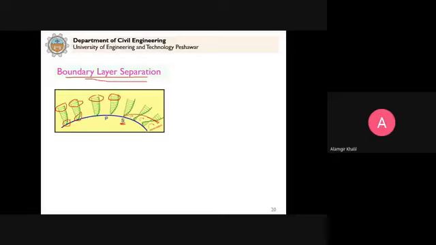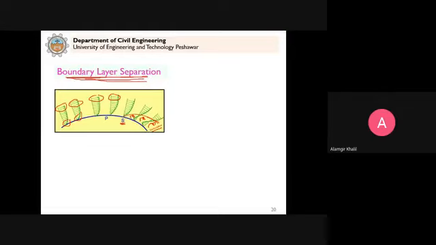And you can see that because of boundary layer separation, eddies are created. Recirculation flow is generated. So what does it mean? It means that because of this recirculation of flow, it will increase the drag force on the body. So this boundary layer separation is an undesirable phenomenon, because if the boundary layer separates, it will increase the drag force on the body, whereas our purpose is to reduce the drag force.